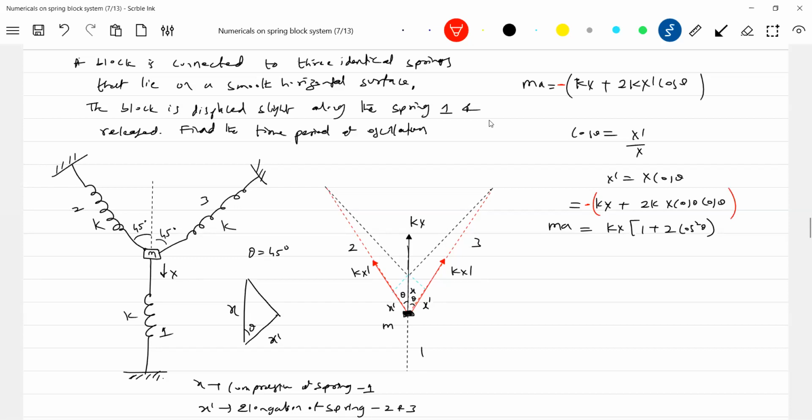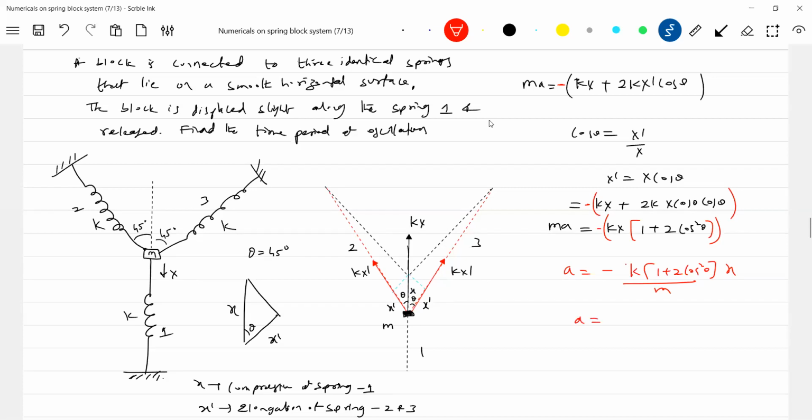The net force is acting opposite to displacement. So the acceleration is equal to minus k into 1 plus 2 cos square theta by m, into x. What is theta? Theta we know is 45 degrees.